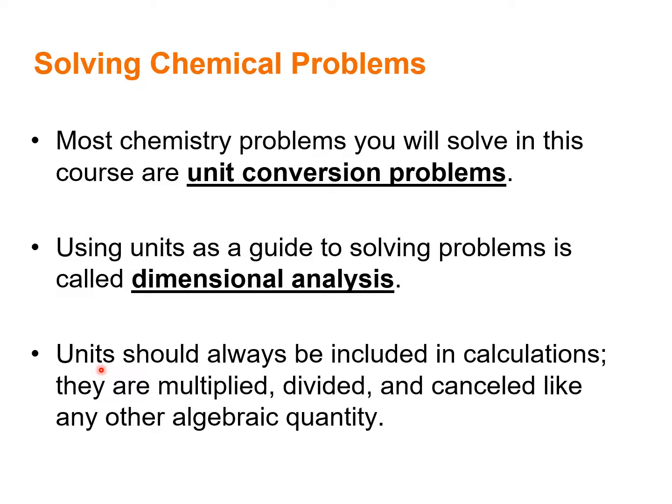Whatever you do to the number in your calculations, you multiply, you divide, you square, whatever you do to the number, you also have to do to the unit. So as long as you keep the units together with the number and do the same thing to it, you always get the correct answer.